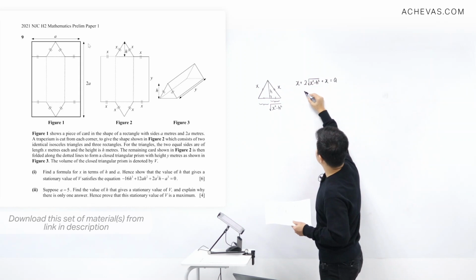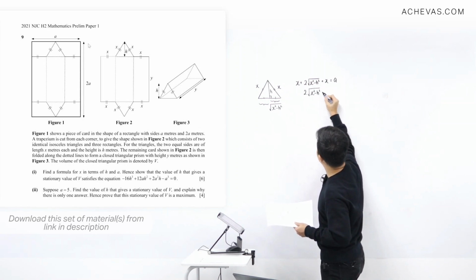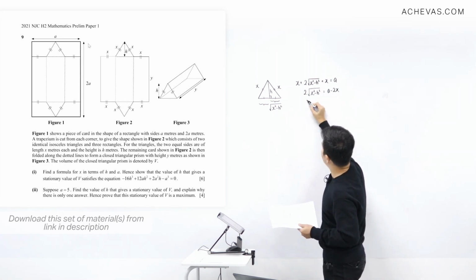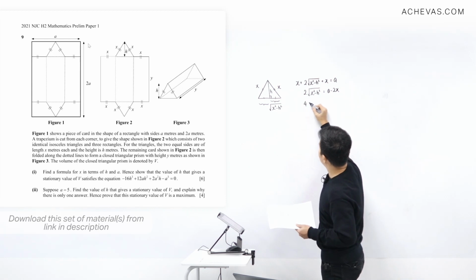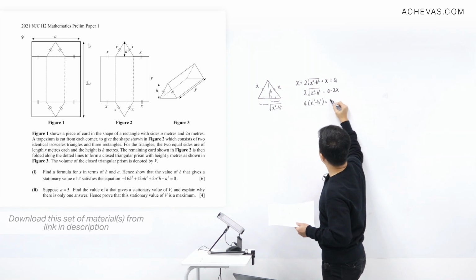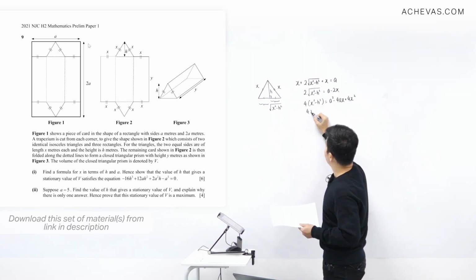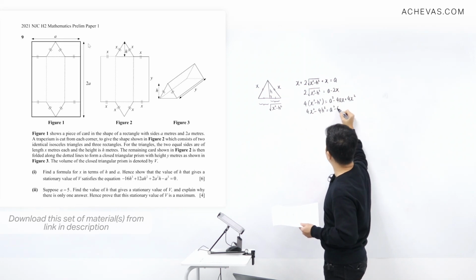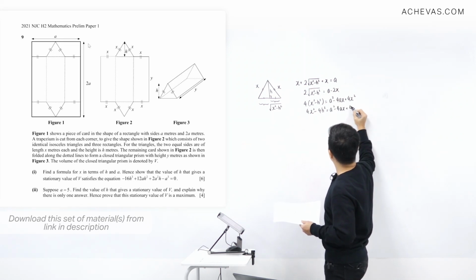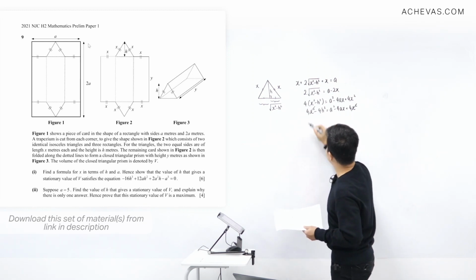Okay, this is going to be 2 square root of X squared minus H squared is going to be equal to A minus 2X. If I were to square both sides, I will be getting a 4, then X squared minus H squared. Squaring this, we will have A squared minus 4AX plus 4X squared. We have a 4X squared here also, so this can be cancelled.